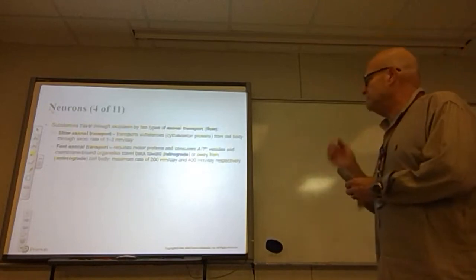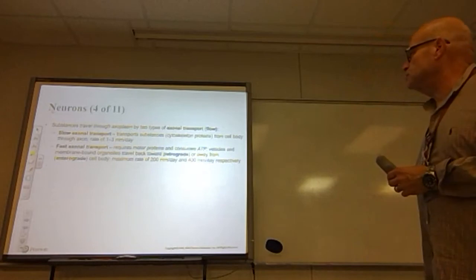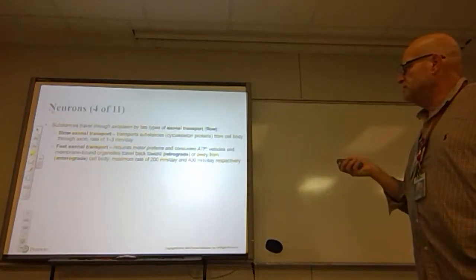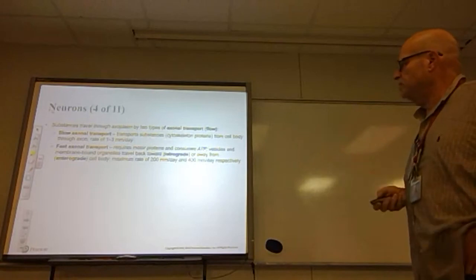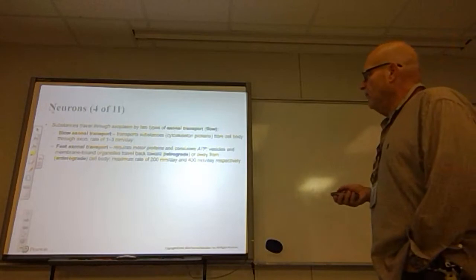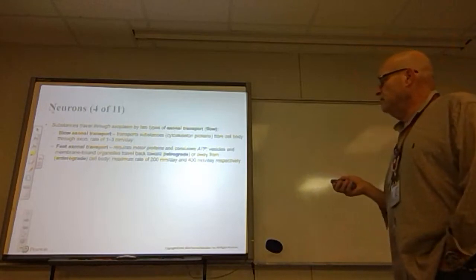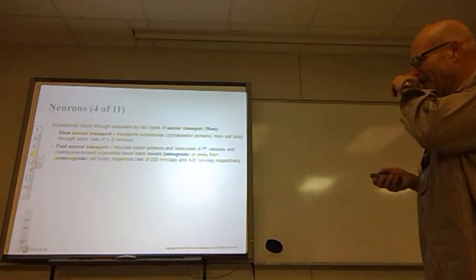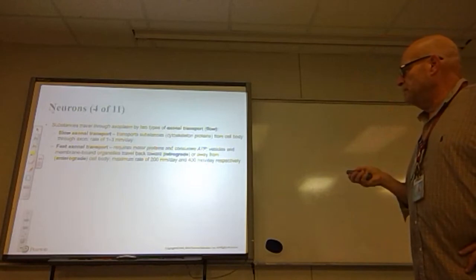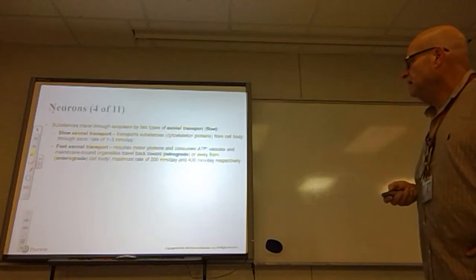Substances travel through the axoplasm by 2 types of axonal transport. You have slow transport, which transports the substances via cytoskeletal proteins from cell body to axon at a rate of 1 to 3 millimeters per day. And the fast transport, which requires motor proteins and consumes ATP.